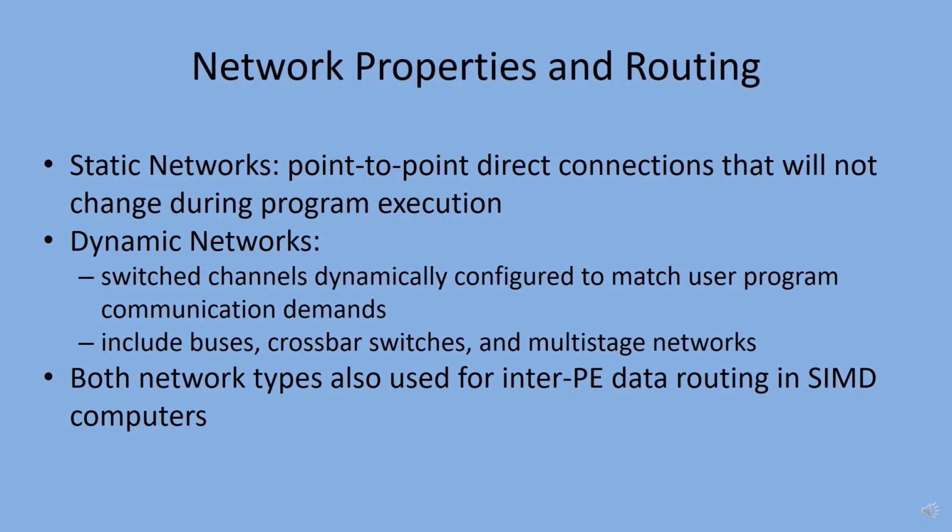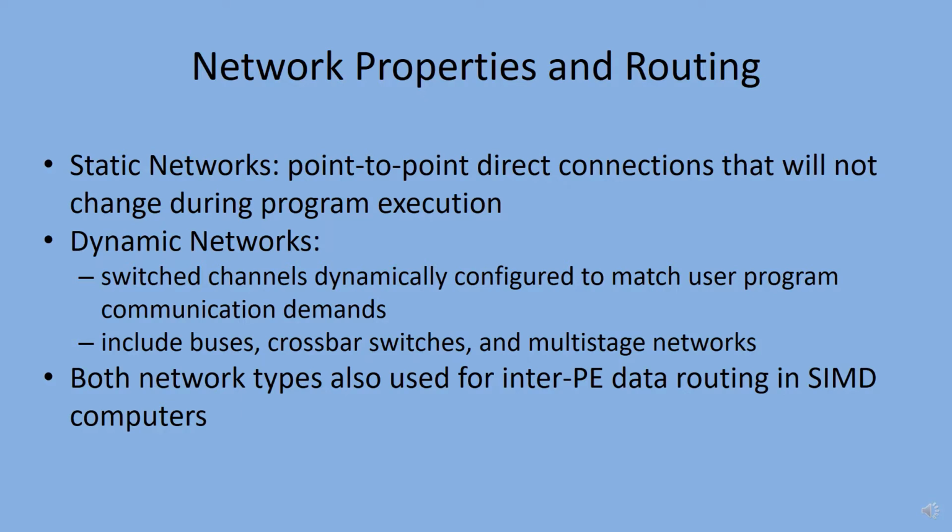Network properties and routing. The topology of an interconnection network can be classified as static or dynamic. Static networks consist of point-to-point communication and are also referred to as direct networks. Dynamic networks are built using switches and communication links.